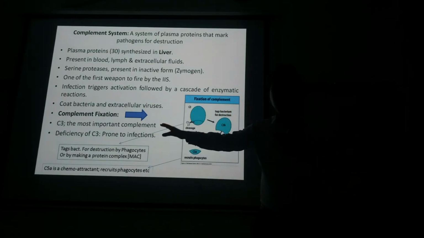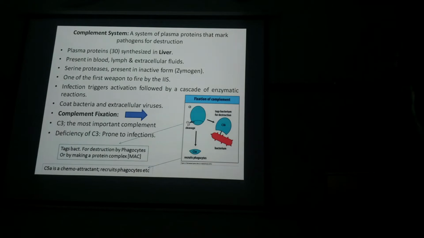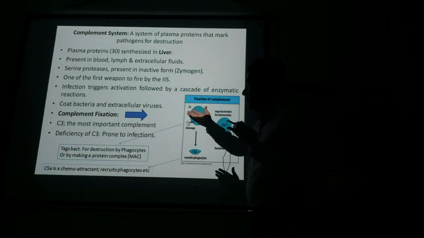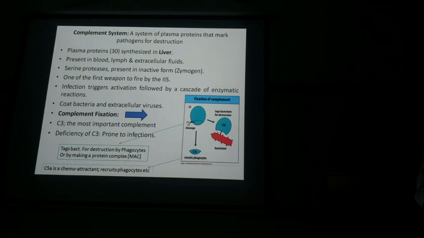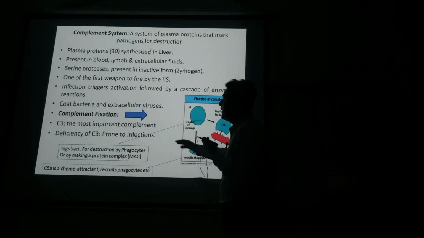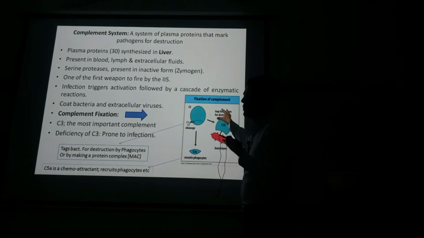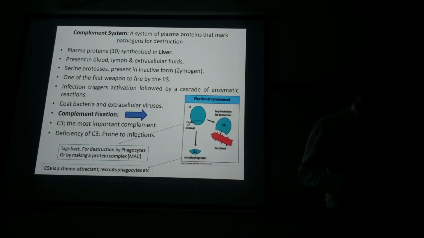We will talk about all the complements, but C3, or complement number 3, is the most important one that you should remember, because some people may have a deficiency of complement 3. When they have this deficiency, they are prone to develop different kinds of infections, very prone to bacterial infections, because on bacterial surfaces C3 is the complement that is attached, or used for fixation.